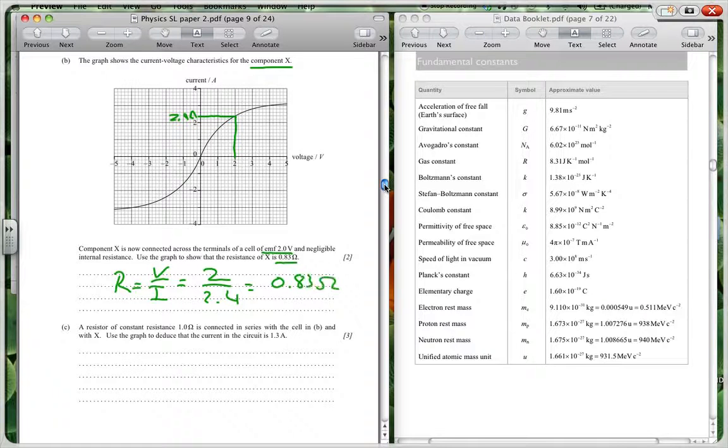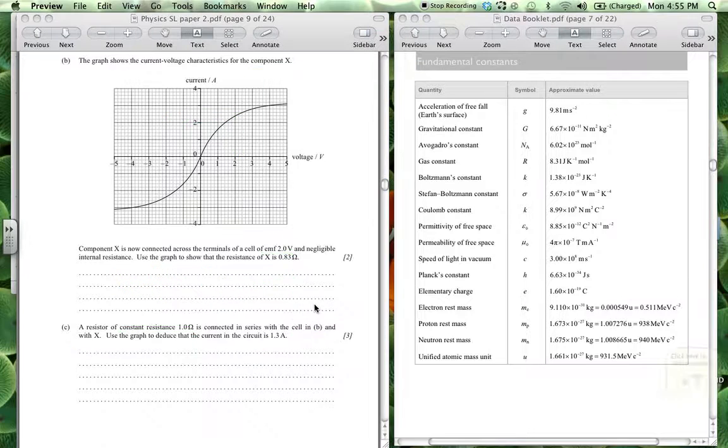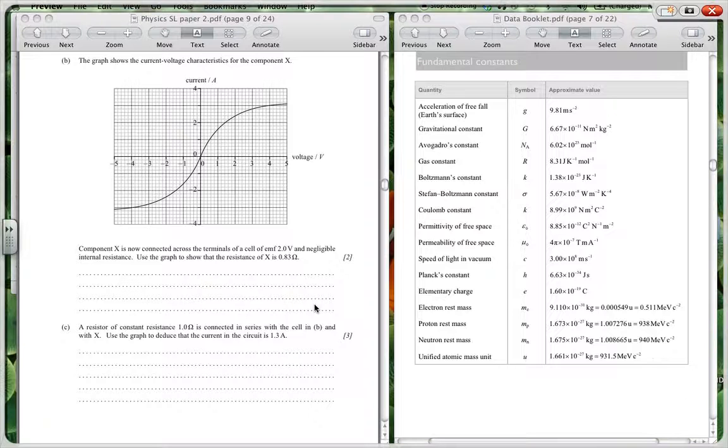ohm. And then it says a resistor of constant resistance 1 ohm is connected in series with the cell and with X. Use your graph to deduce the current in the circuit is 1.3 amps. So let's just draw in this resistance.